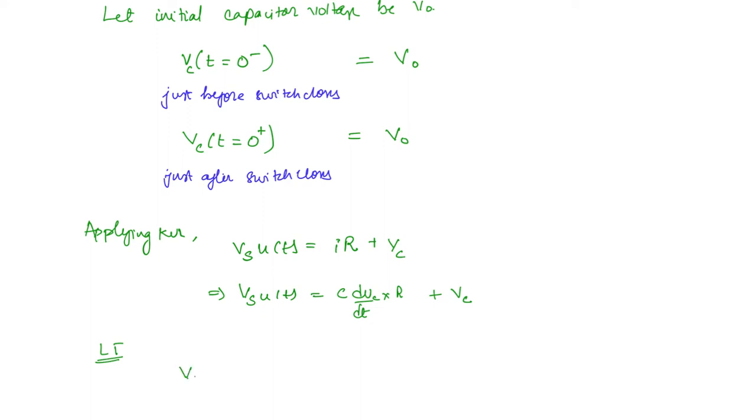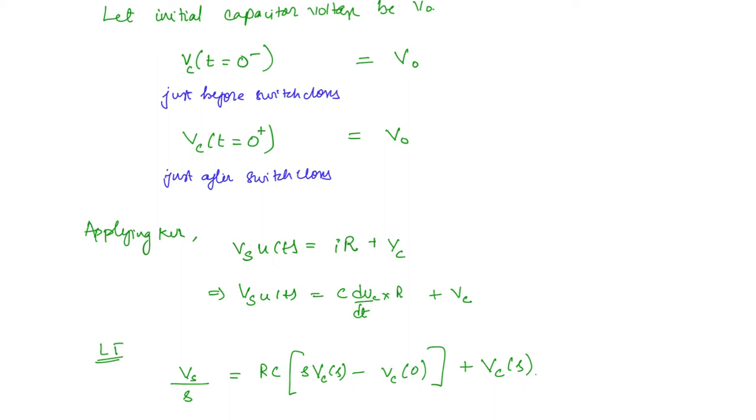It is Vs/s, and this is equal to RC, you can take out common, s times Vc(s) minus Vc(0). Vc(0-) or Vc(0+) is going to be the same thing, because voltage across a capacitor will not change abruptly, plus Vc(s), okay.